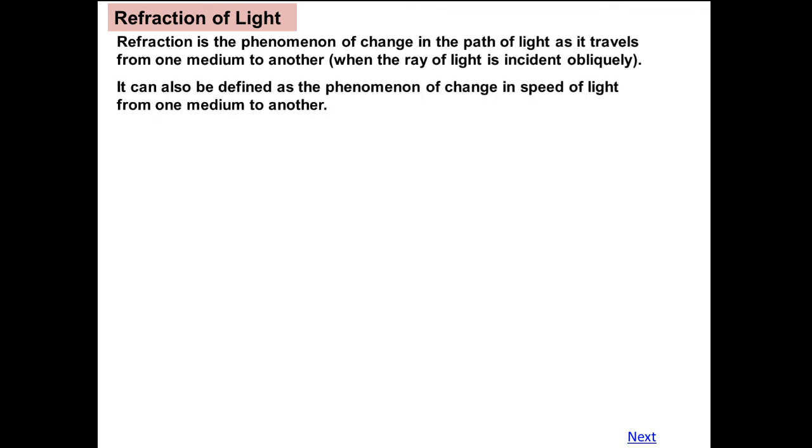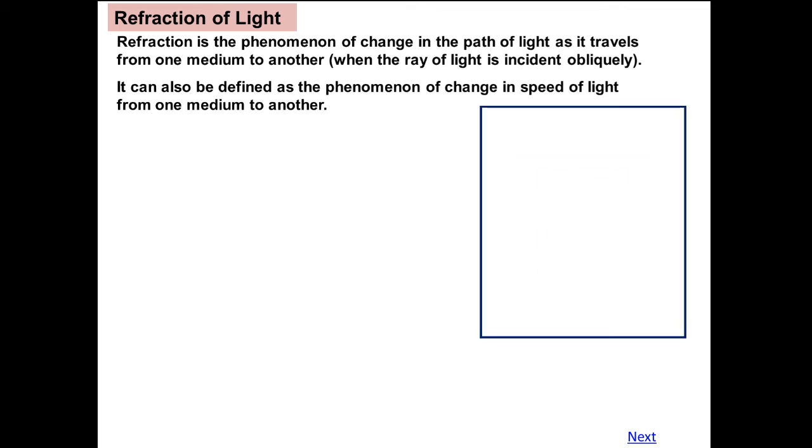Since the refractive indices of the media are different, we can say the phenomenon of change in speed of light is also refraction. Let us see here a denser medium and a rarer medium. Denser medium, you can say a glass of refractive index n.